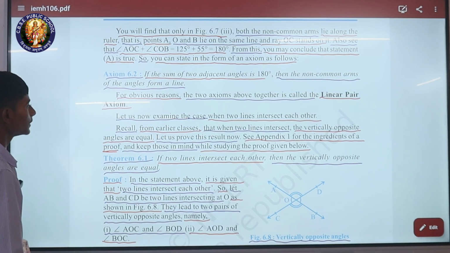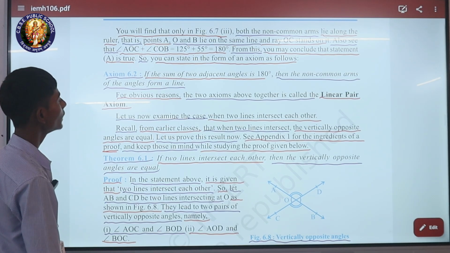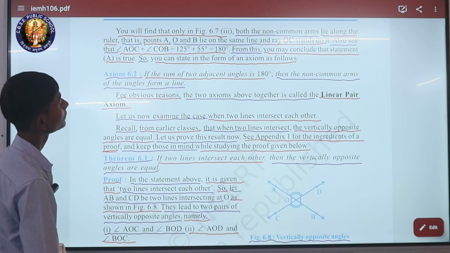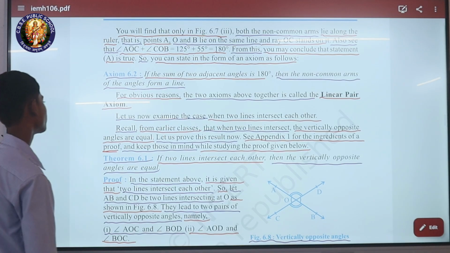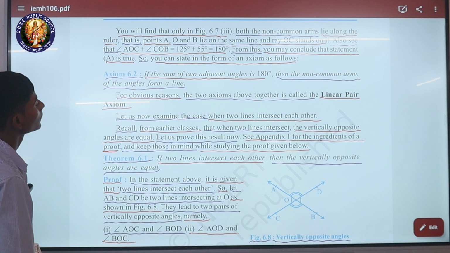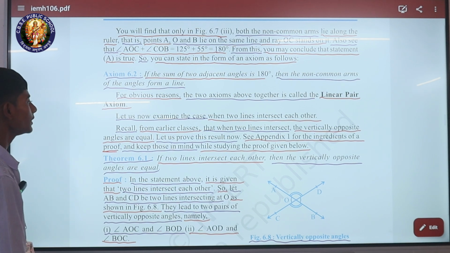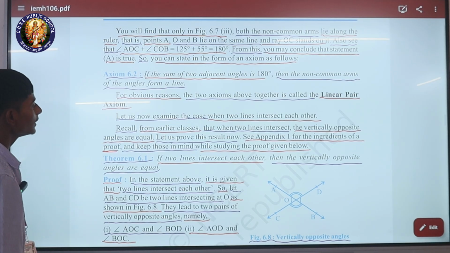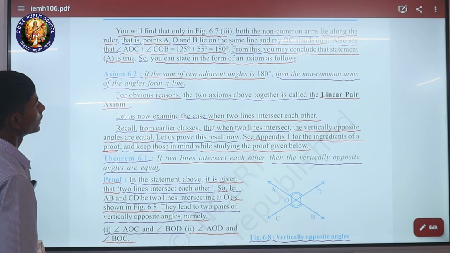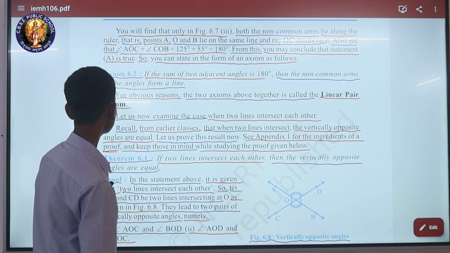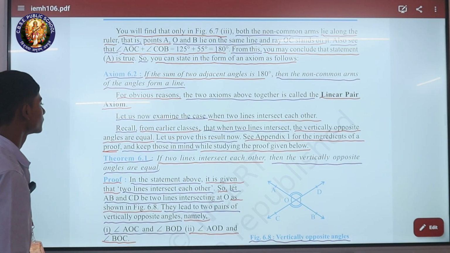For obvious reasons, the two axioms above together are called the linear pair axiom. Let us now examine the case when two lines intersect each other. Recall from earlier classes that when two lines intersect, the vertically opposite angles are equal. Let us prove this result.